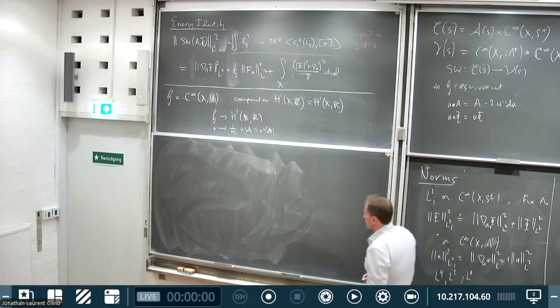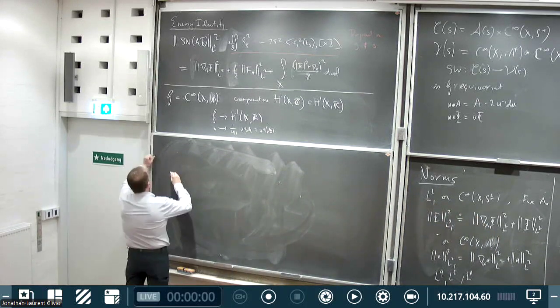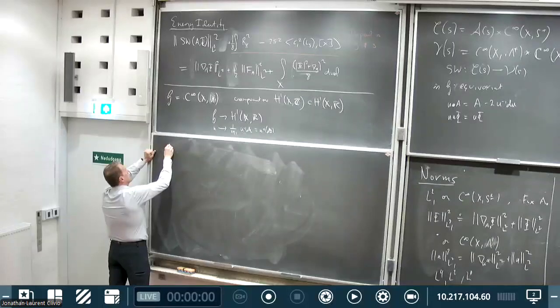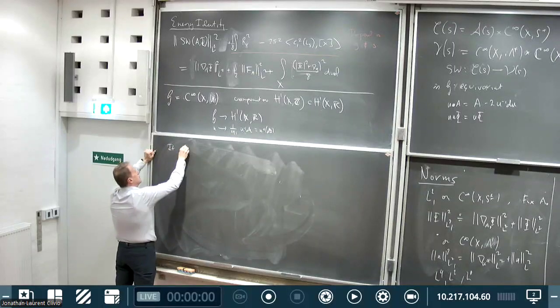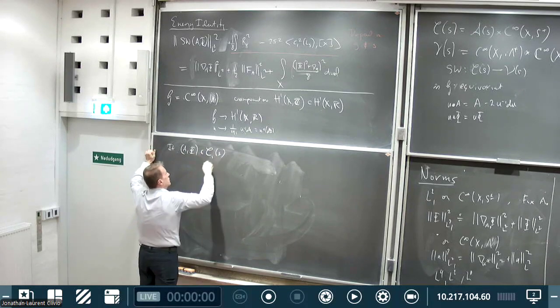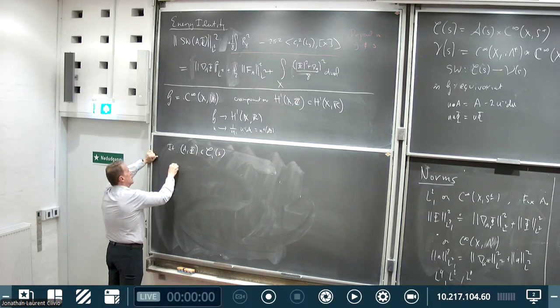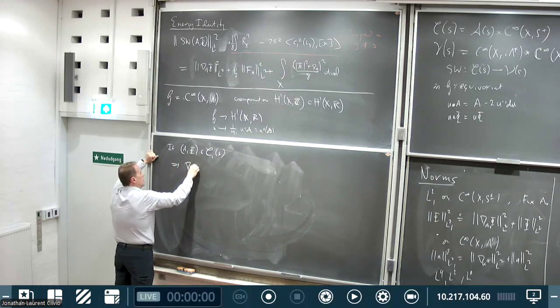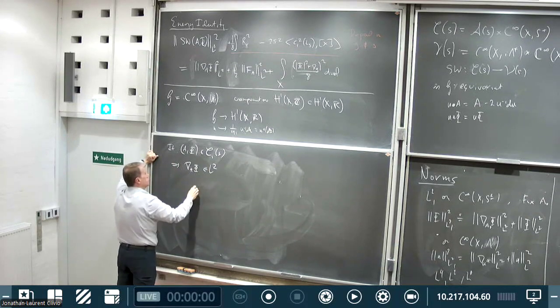So let's note that if we have a feed in this L21 guy, then that implies that this guy's in L2.